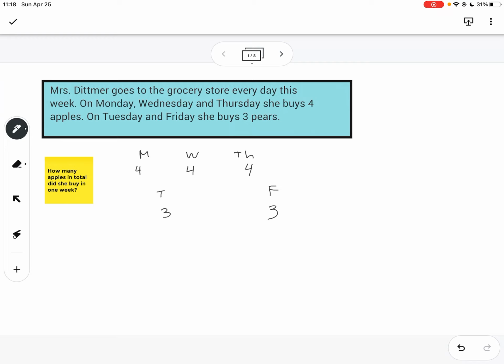So a couple different ways that you can look at this. I would probably use, let's say, total pieces of fruit. Okay. I would probably write 3 times 4 plus 2 times 3. So this would be the times.